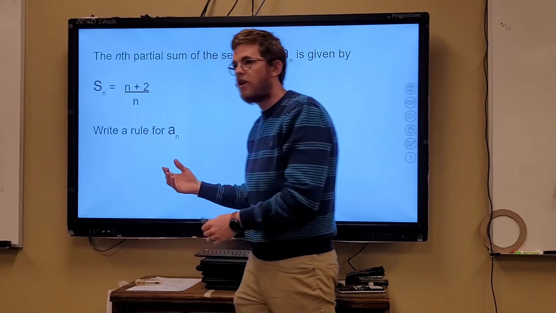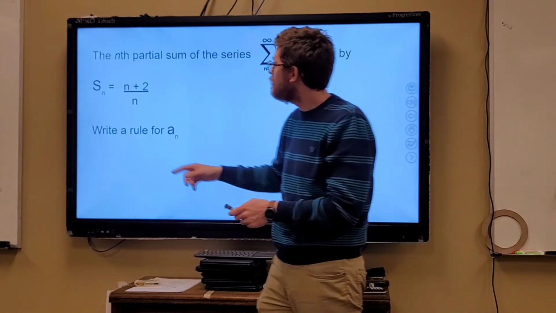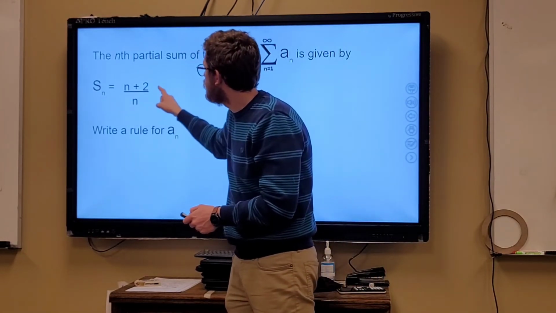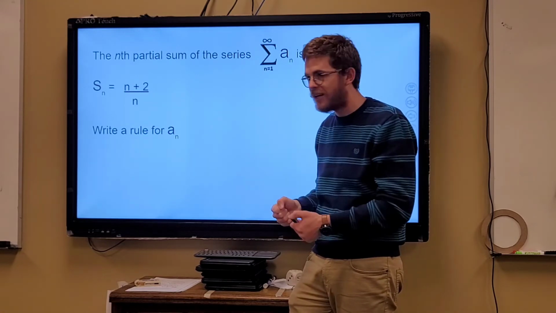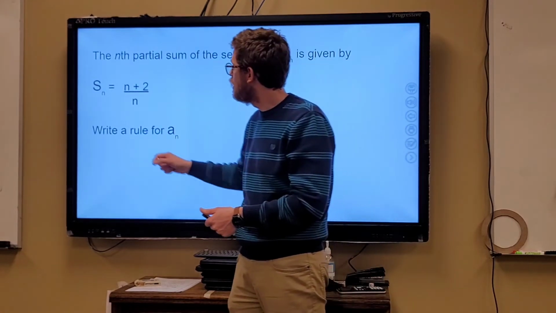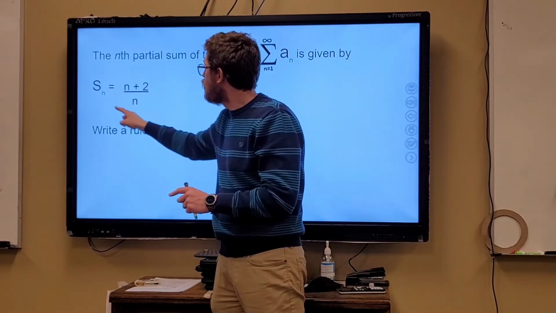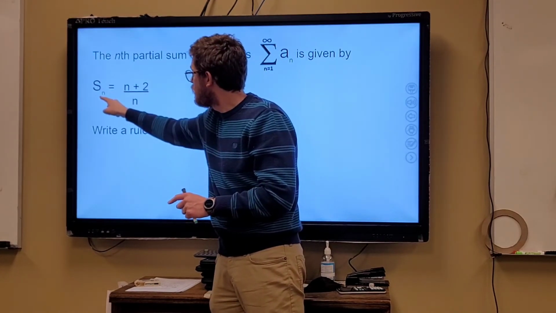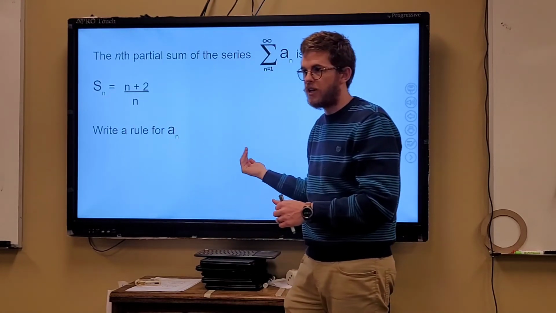S is talking about the sum. S of n is saying that this expression right here is representing the sum of the first n number of terms in our sequence.